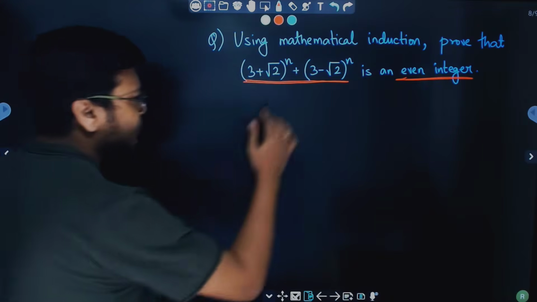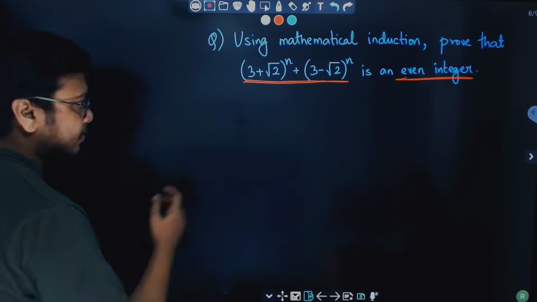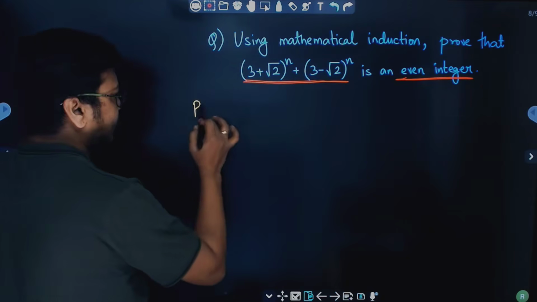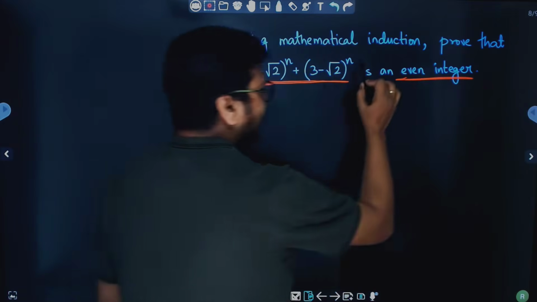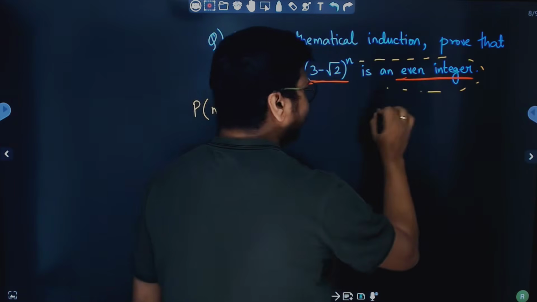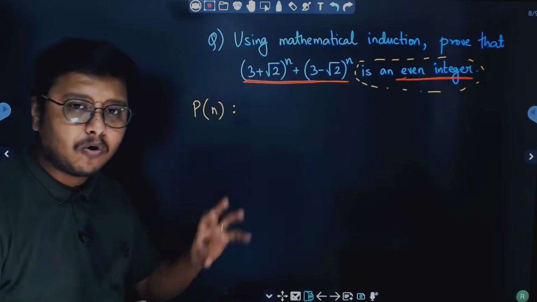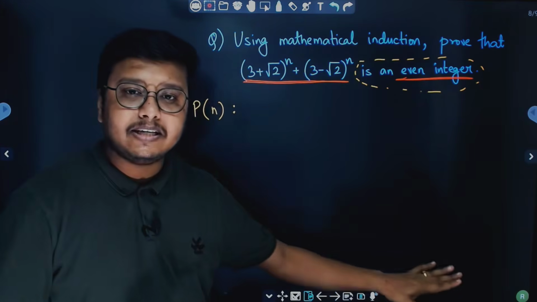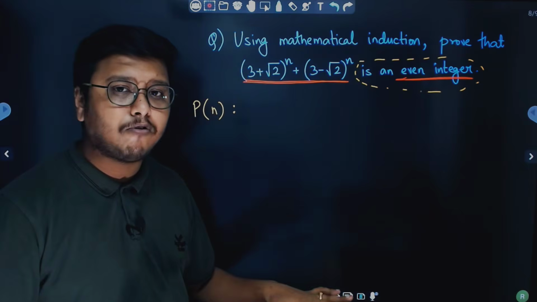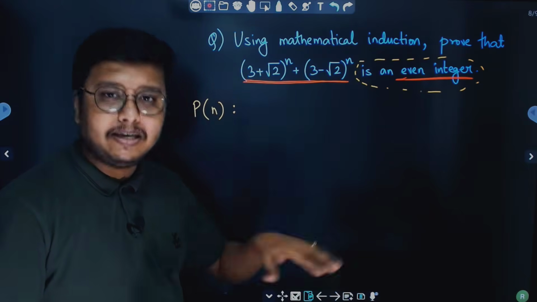Okay, so let's get started in the usual manner. Let's make a mathematical statement out of this, that this is an even integer. Now again, I don't want words in my statement. I want it in the form of an equation, right? If something is an even integer, then the equation form of it should be that it's a multiple of 2.